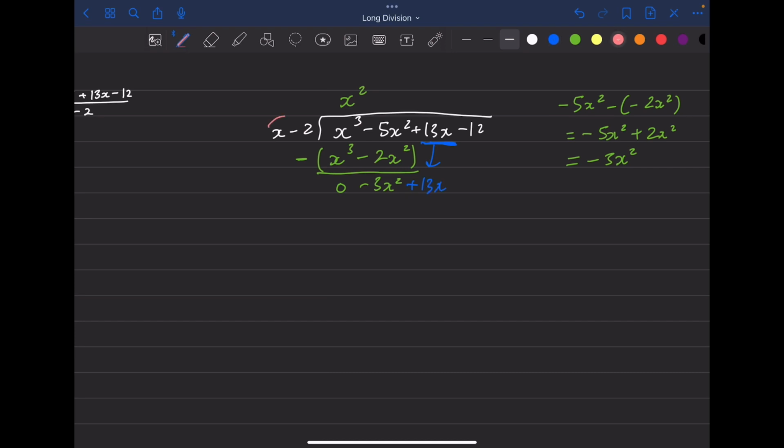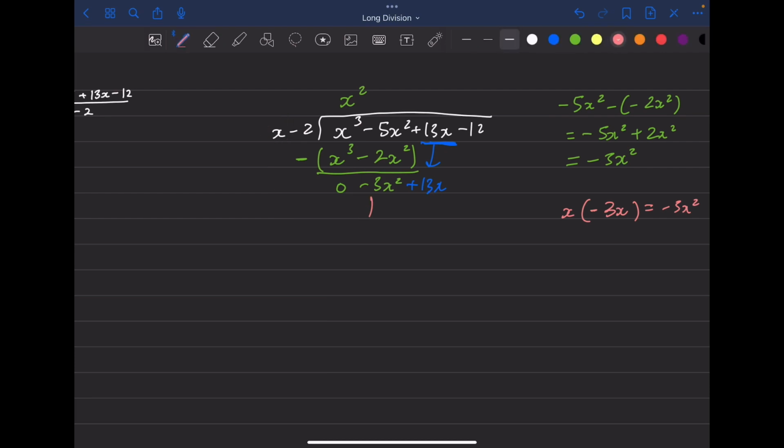From here, let's do the exact same thing again. So how do you get from x to negative 3x this time? Once again, you have to include the sign, but negative 3x. So to get to that, x times negative 3x is equal to negative 3x squared. Usually these are easy to find the answer for, but if they're easy, people tend to make more mistakes. So you have to focus on actually getting the right answer and not speeding through it and making a lot of mistakes.